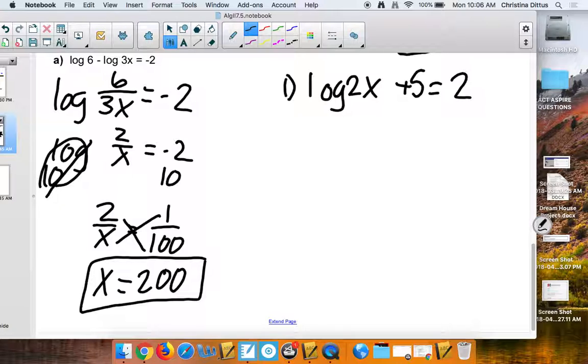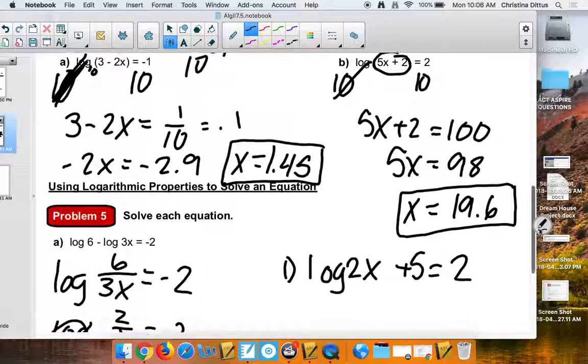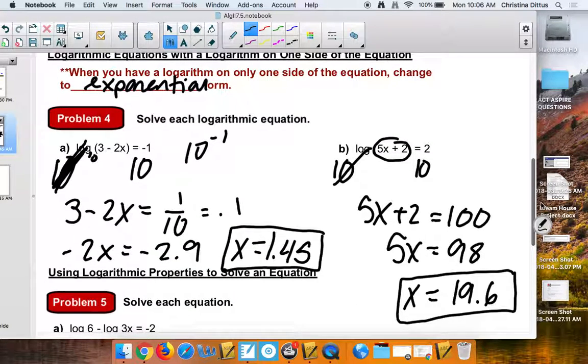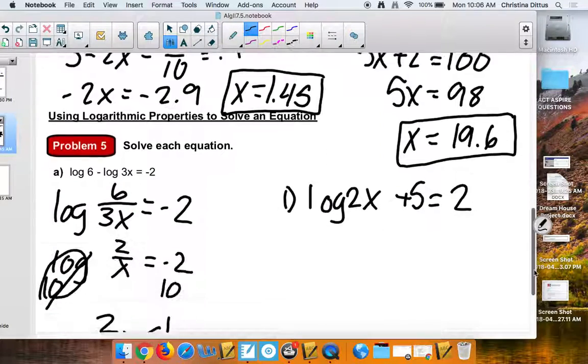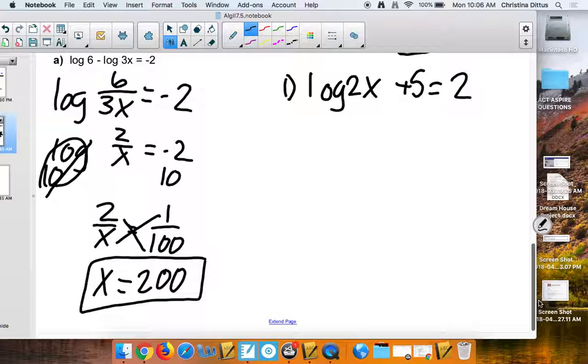Put the 2x plus 5 in parentheses. What's the difference between this and what we just wrote down? The 5 is opposite. What else?